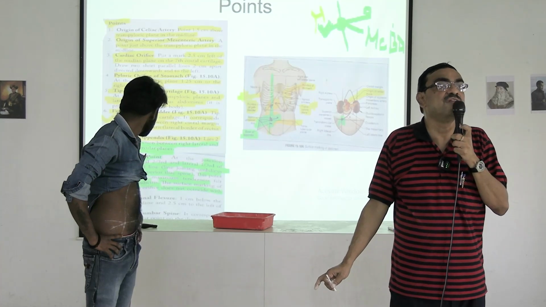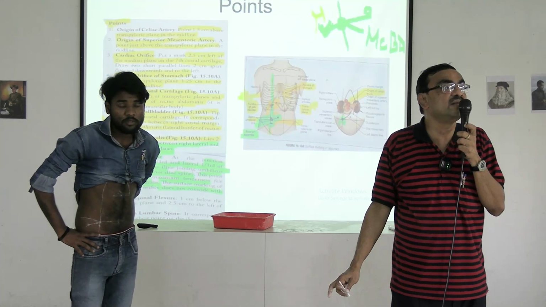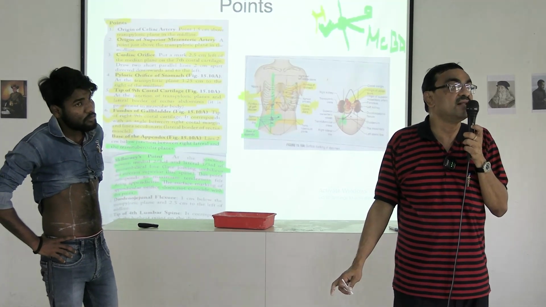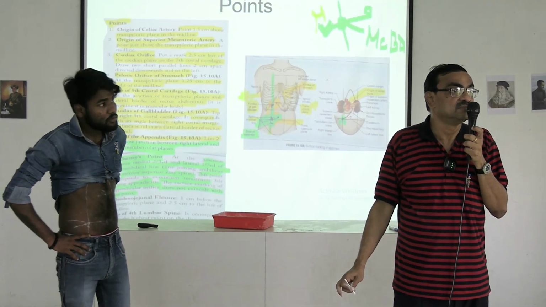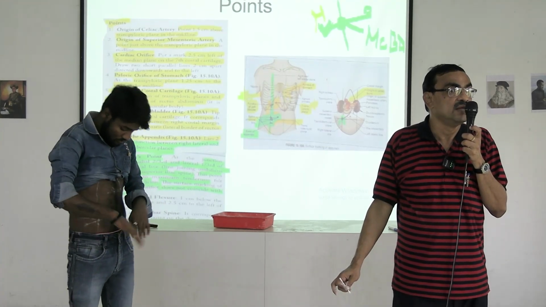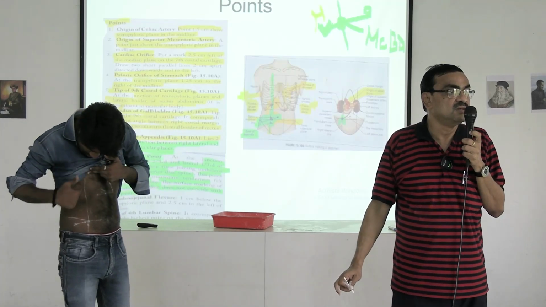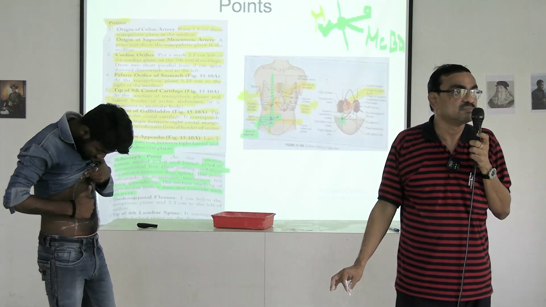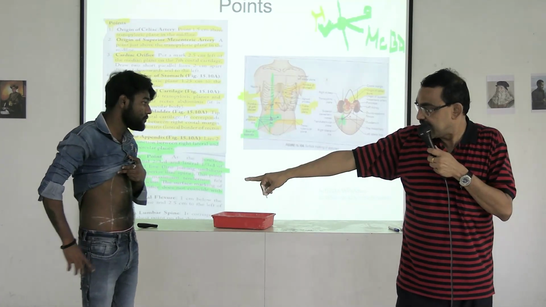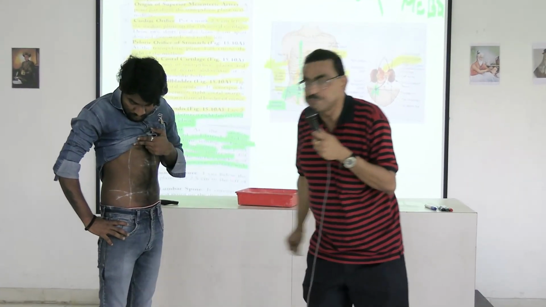Appendicitis means inflammation of the appendix. What is the appendix? It is a rudimentary organ. It gets inflamed many times due to several factors, and we will get the point of maximum tenderness at McBurney's point.